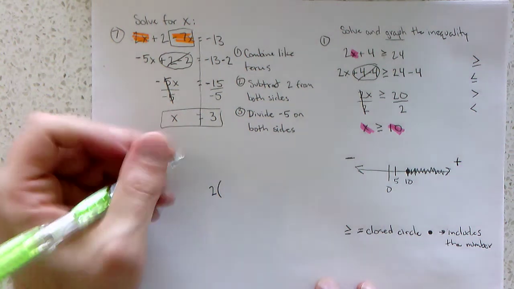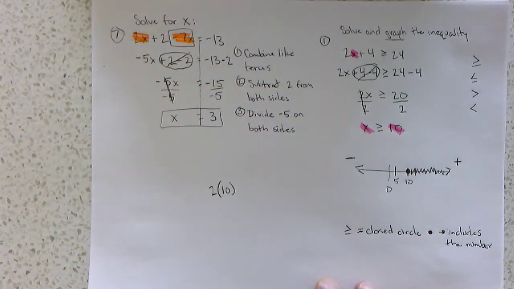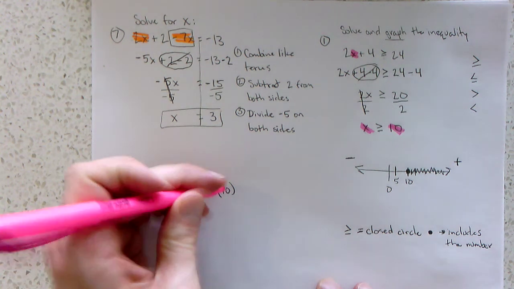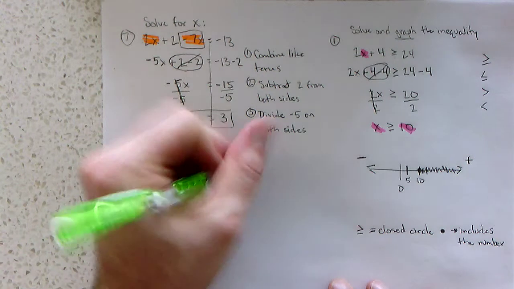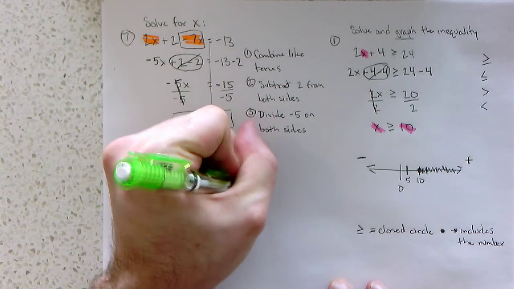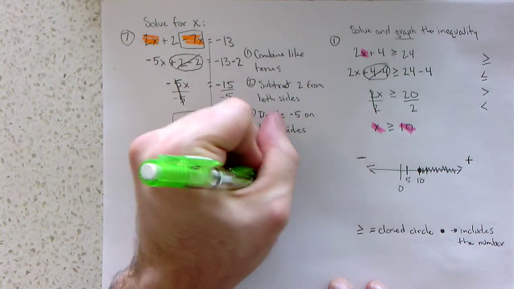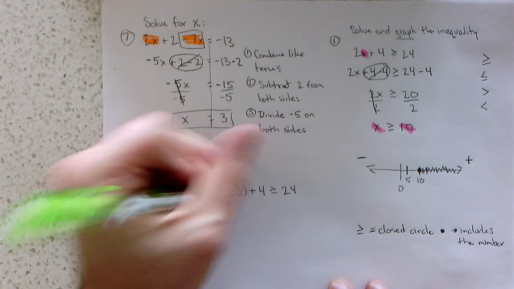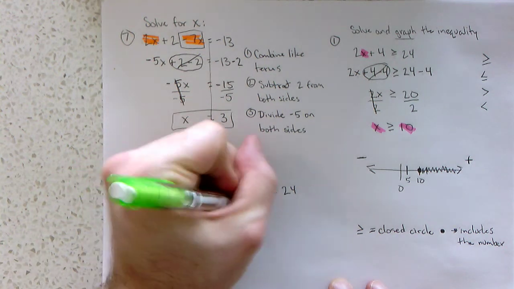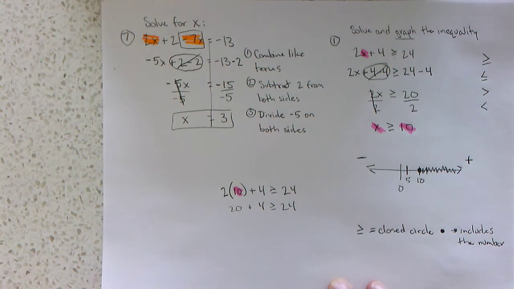So when I'm checking my answer, I have to plug in that 10 for the x. And so 2 times 10 plus 4 is going to be greater than or equal to 24. So 2 times 10 gives me 20 plus 4. It's going to be greater than or equal to 24.